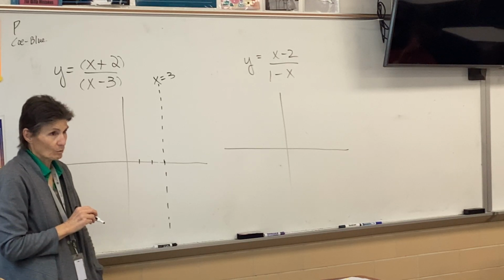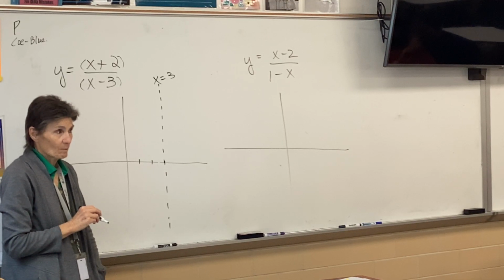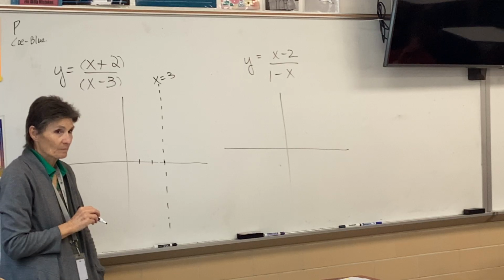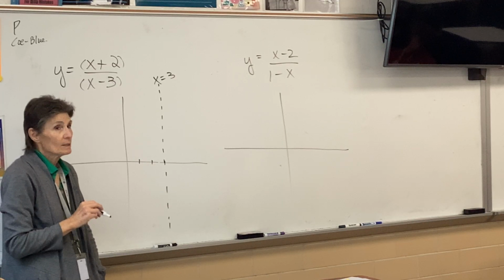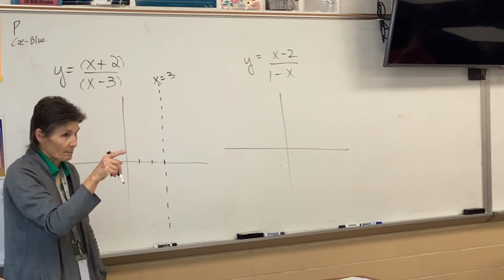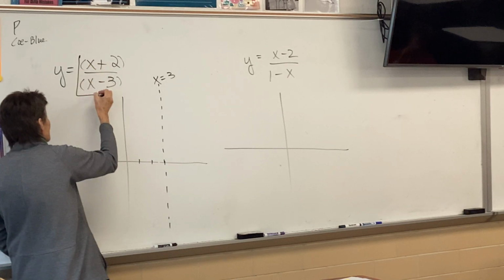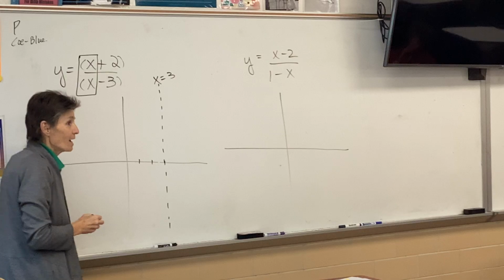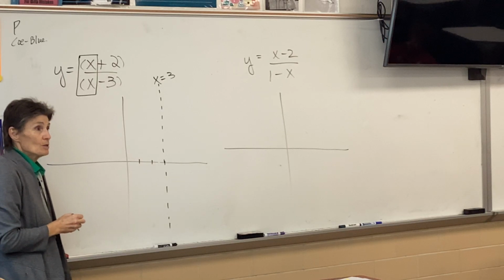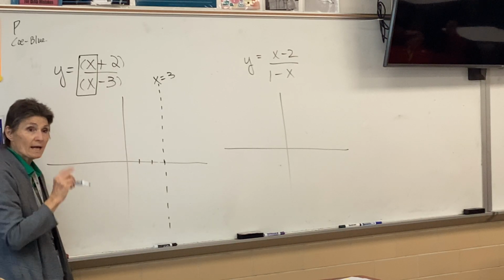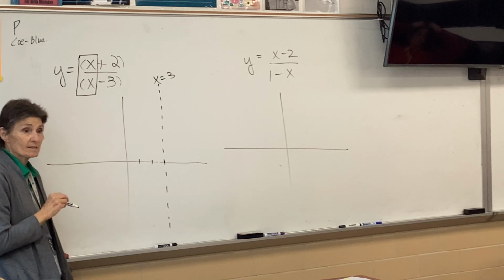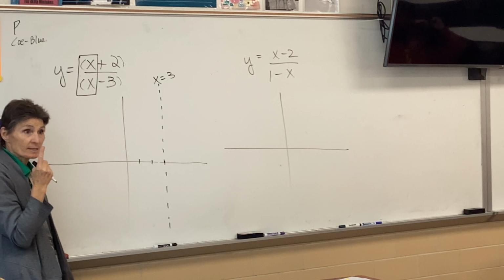Horizontal asymptote. Anybody remember where those came from? Not from the numerator alone, but from the numerator and the denominator, the boxing in. That right there is your horizontal asymptote. So since I have 1x over 1x, that is just 1.